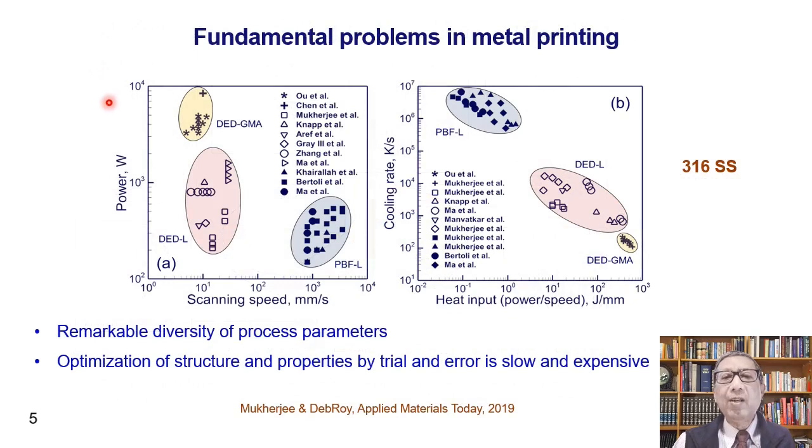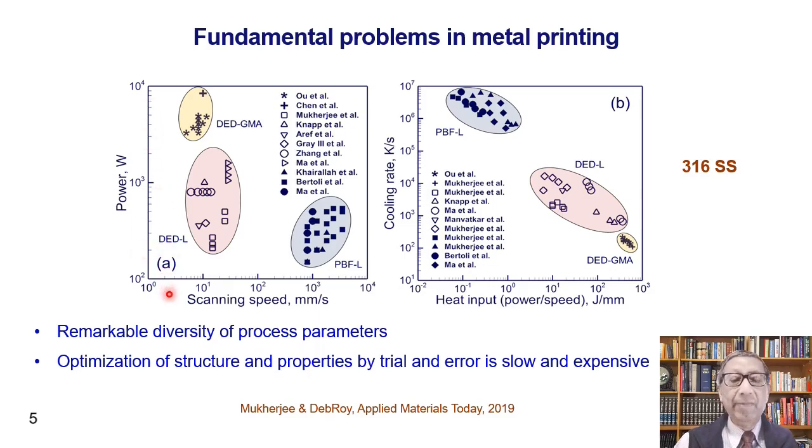We collected operating data for three different variants of additive manufacturing from recent peer-reviewed literature, and we are plotting power and scanning speed. Power varied from a little over 100 watts to about 10 kilowatts.